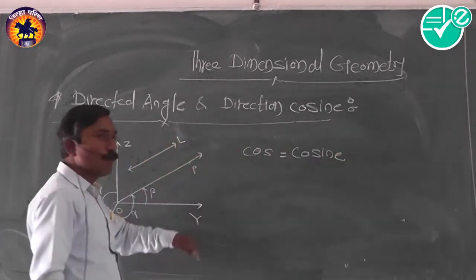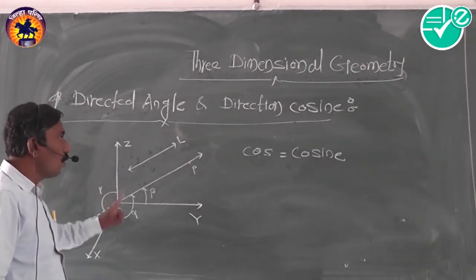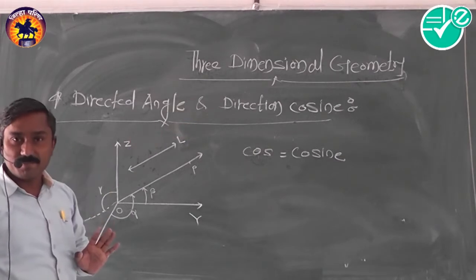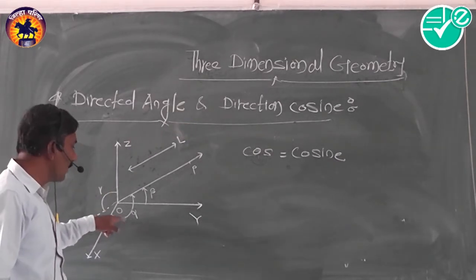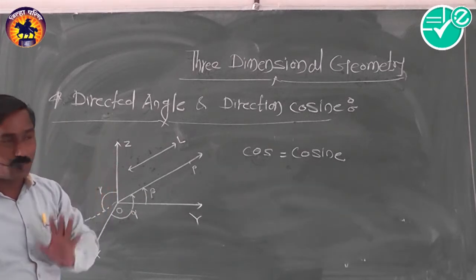So we have to calculate the cosine of that angle, which is called the direction cosine. We have to calculate the cosine of the angles alpha, beta, gamma, and these are called the direction cosines.